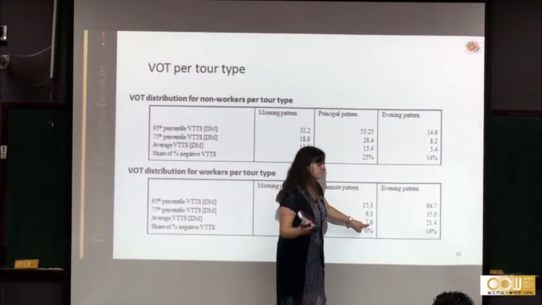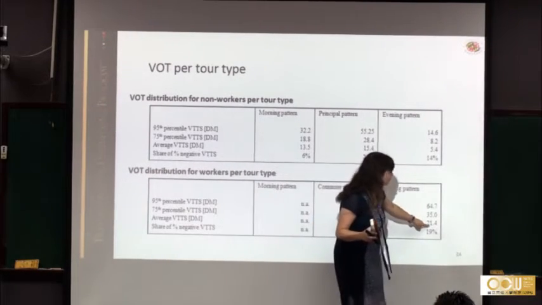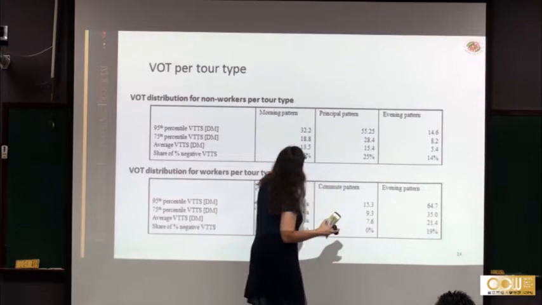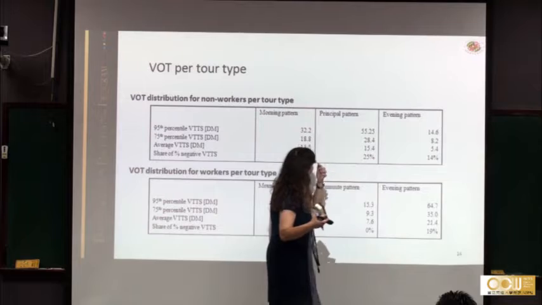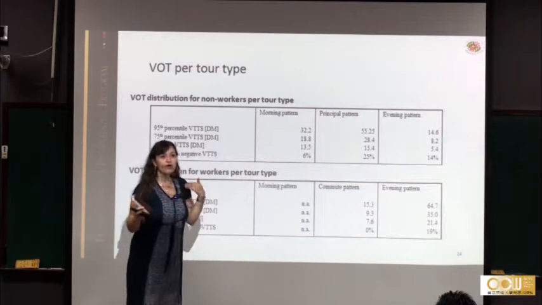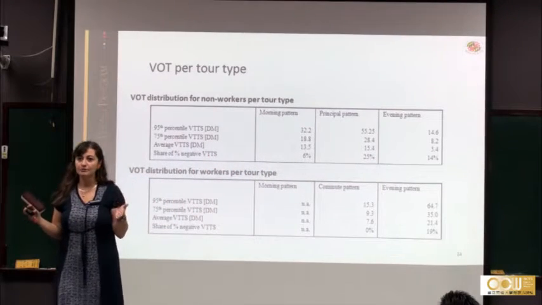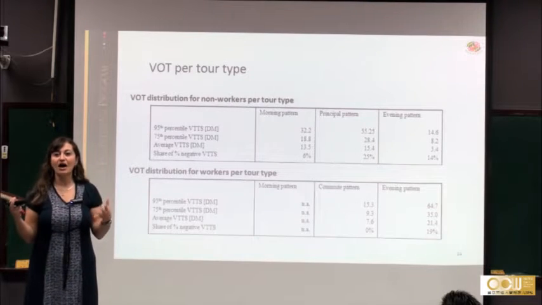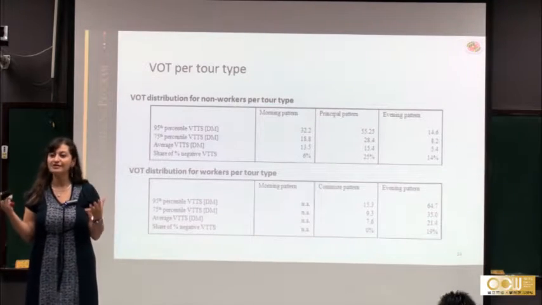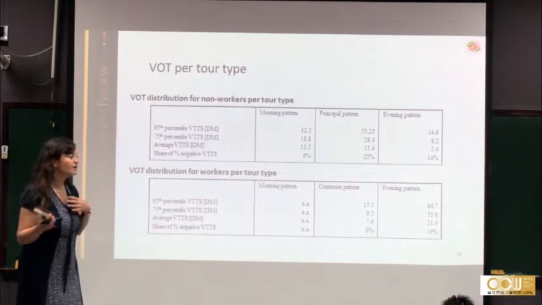You see about 8 here, 20 in the evening, and here you have 13, 15, and very low values in the evening. But I also allowed all this distribution to be normal to see how much of this travel time was found to be positive, or something that is close to 0.